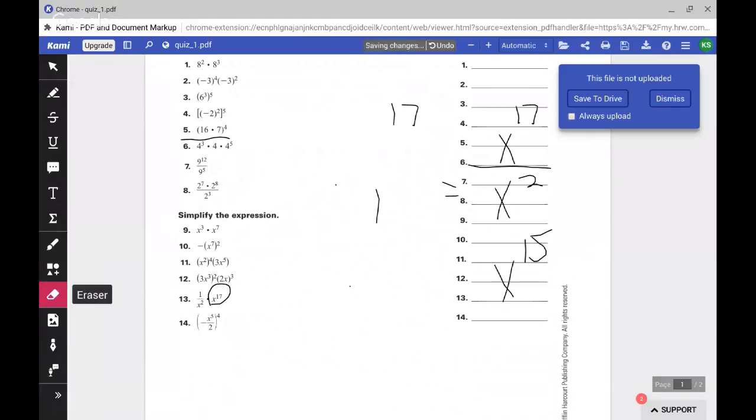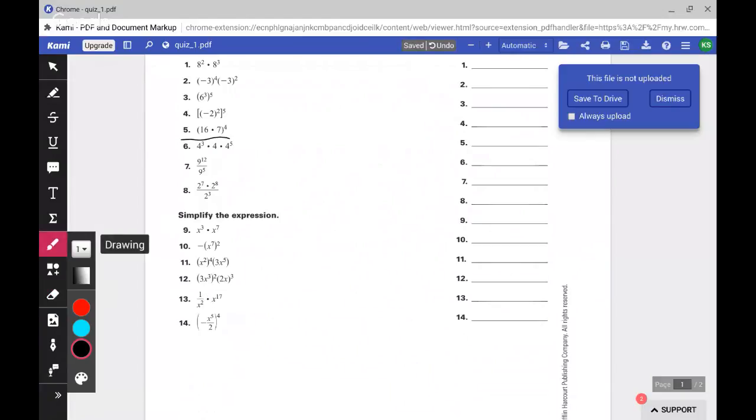And now the last problem that seemed to cause a couple of problems. And a lot of these will be on the test next Wednesday. We had negative x to the fifth all over 2 raised to the fourth power. Now, this fourth power applies to both the numerator and the denominator.